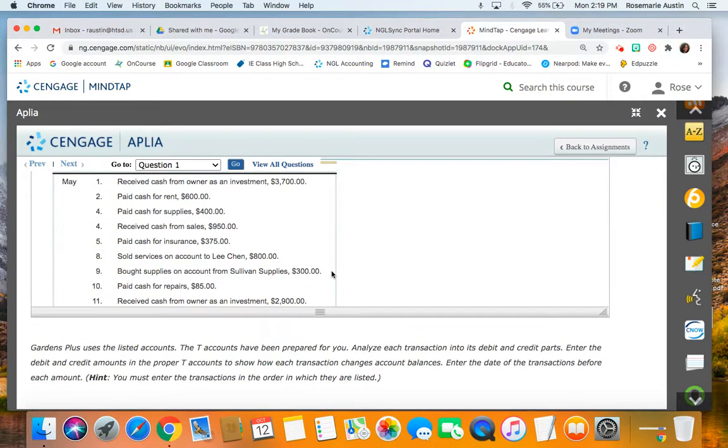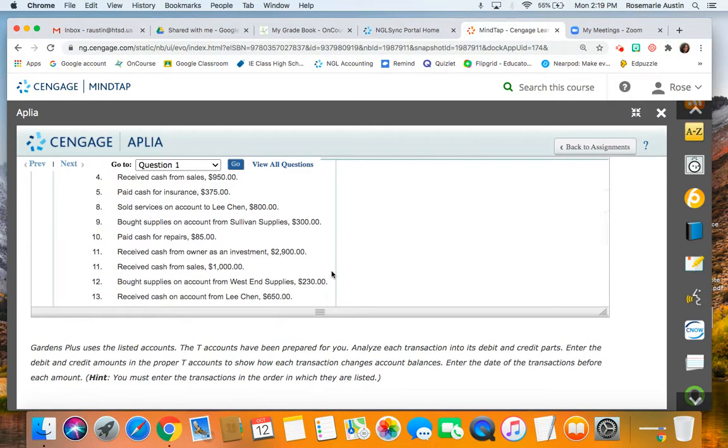And let's see, May 9th. May 9th, bought supplies on account from Sullivan Supplies. So your two accounts are supplies and Sullivan Supplies, which happens to be an account payable. If you bought supplies on account, that means you didn't pay cash. So they're going to be an account payable for you that you have to pay in the future. So let's see. Supplies is an asset that increases with a debit entry.